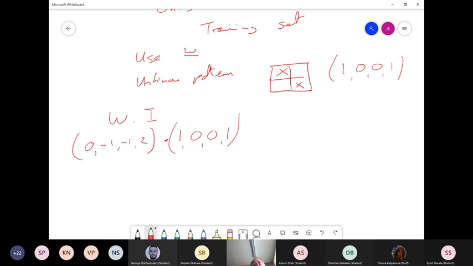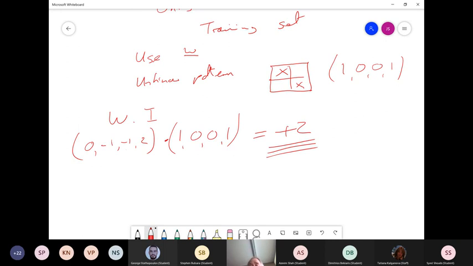And the scalar is going to be 0 times 1 is 0, minus 1 times 0 is 0, minus 1 times 0 is 0, 2 times 1 is plus 2. It's a positive class. So the neuron says that pattern is positive.